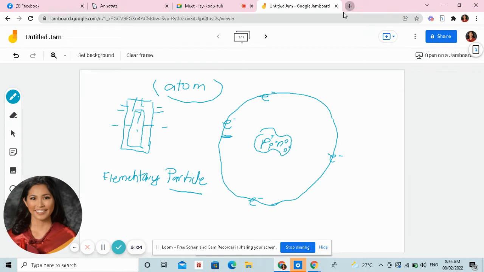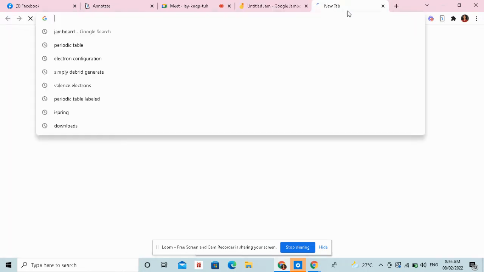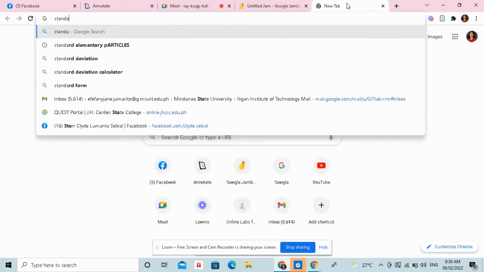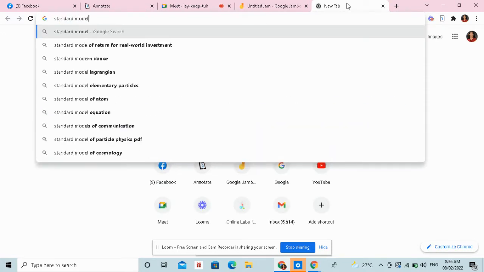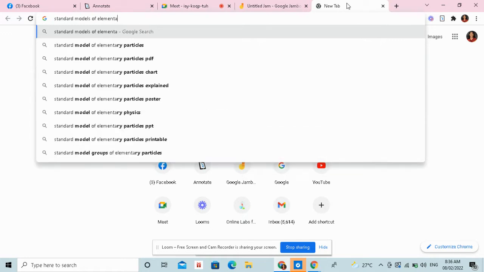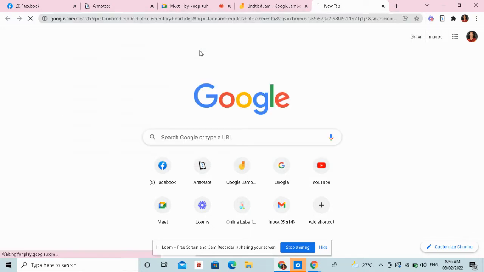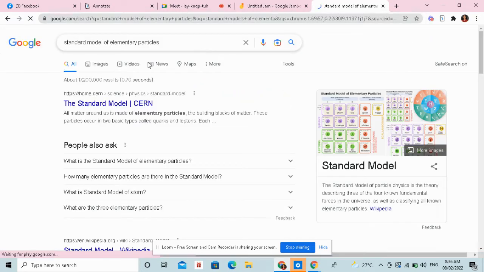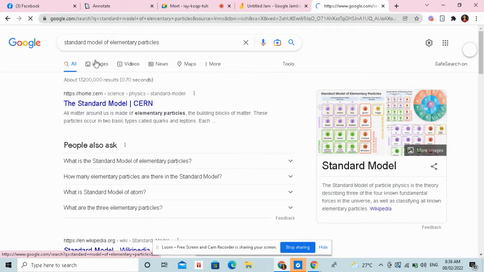If we look at the elementary particles in the standard model, it still looks like a periodic table. However, it is newer than the periodic table.